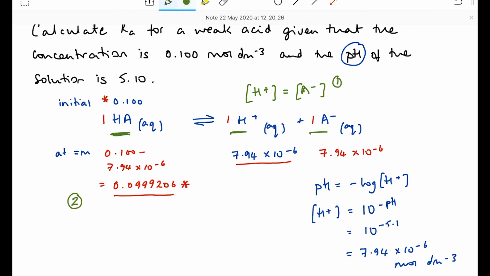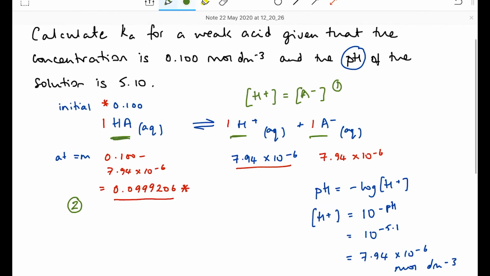Assumption number 2 is that because we are working with weak acids, to all intents and purposes, the concentration of the acid initially and at equilibrium is unchanged. So assumption number 2 is that the HA concentration remains unchanged.